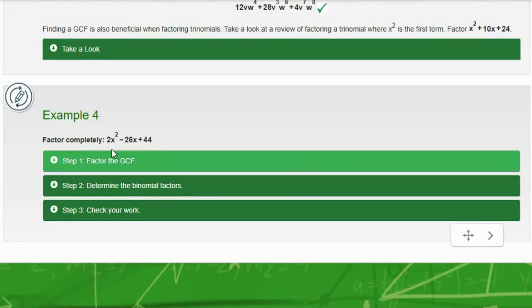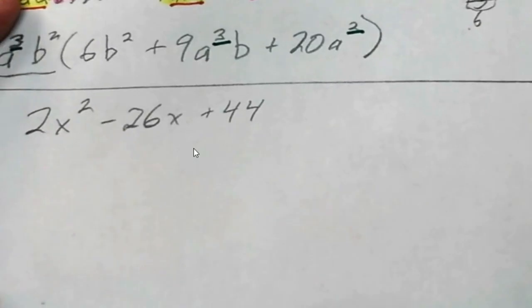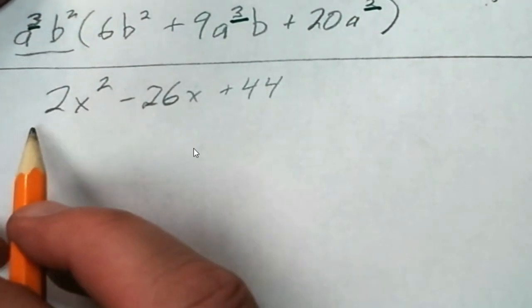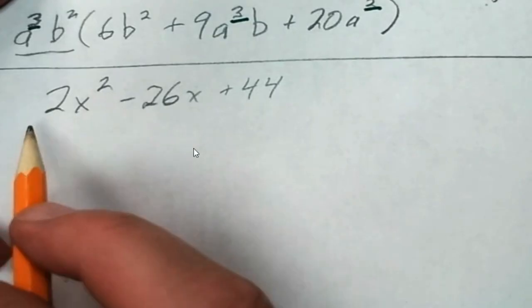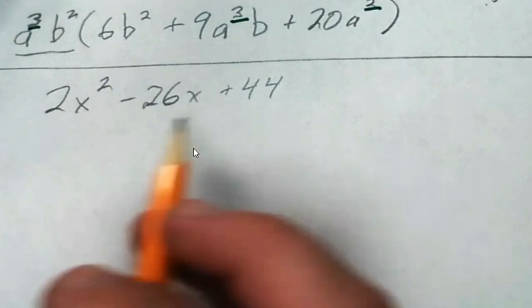But let's work this next one on paper again. 2x squared minus 26x plus 44. So again, we start with the numbers 2, 26, and 44. Well, do they all have anything in common?